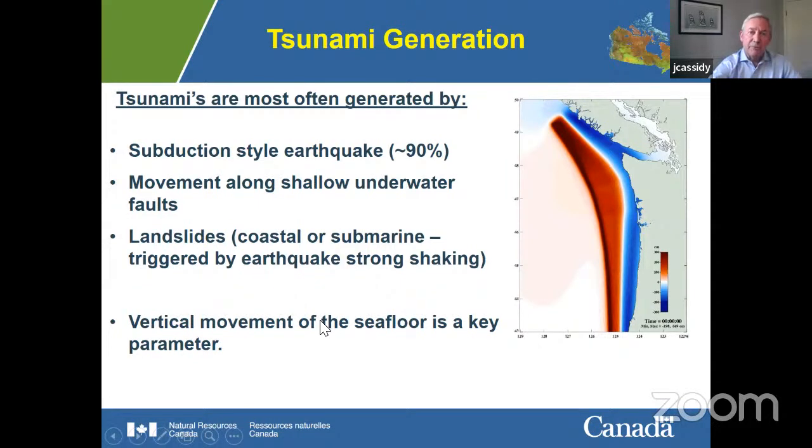So these are some of the key sources, but there's a very strong earthquake link for all of these. The most important parameter is vertical movement of the seafloor, lifting or dropping of the seafloor that initiates a wave or a series of waves.